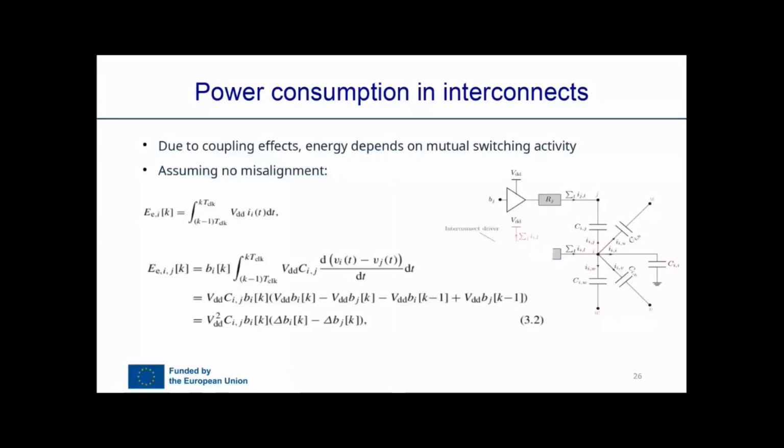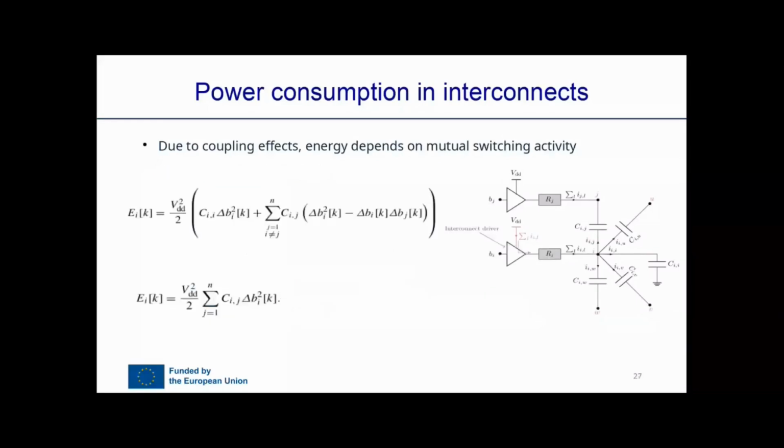You can try to reduce the formula even further. The energy consumption is proportional, on one side, to the factor C_ii, which is related to the ground capacitance that the interconnect sees in 2D or 3D. Then we have C_ij, which is the coupling capacitance that the interconnect sees between two networks.